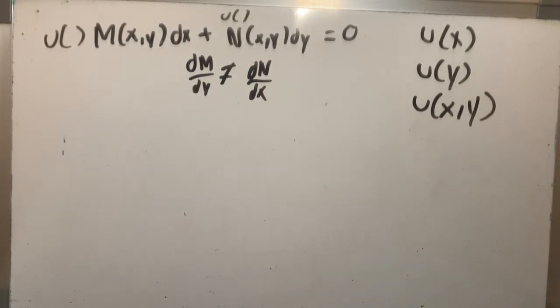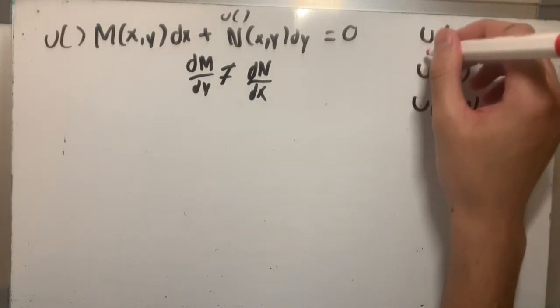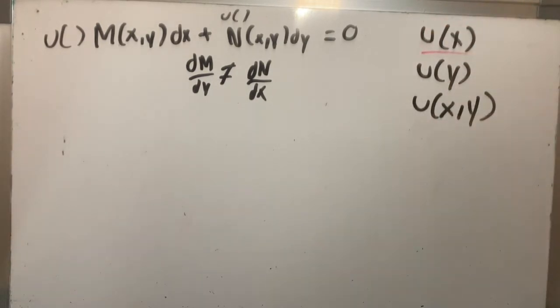To find out the first one, which is u of x, if the integrating factor depends on x, how do we know that?